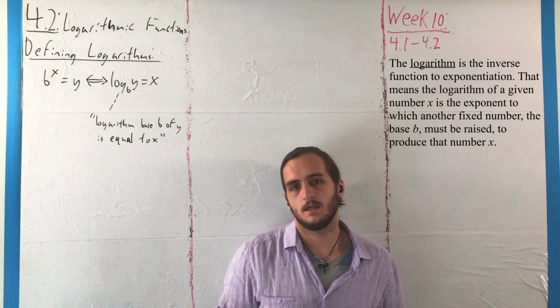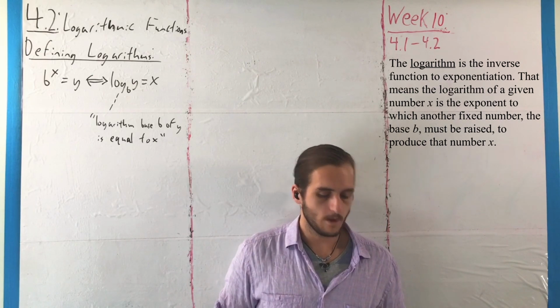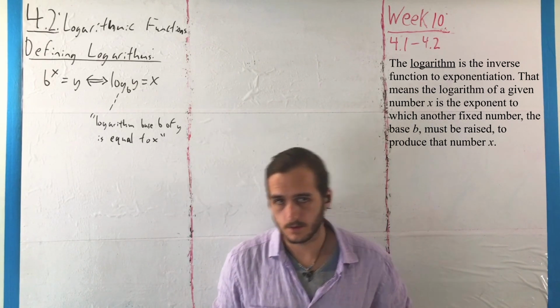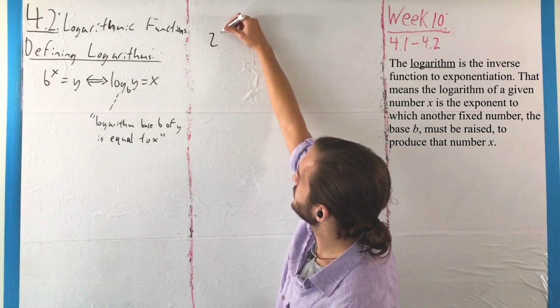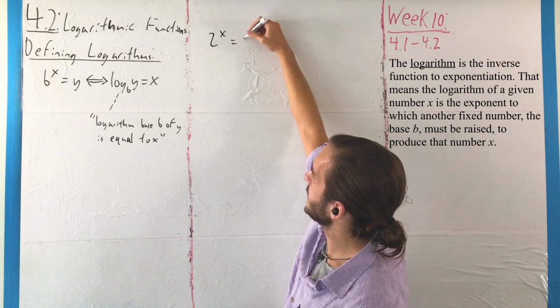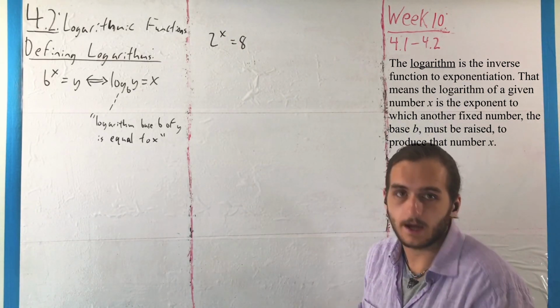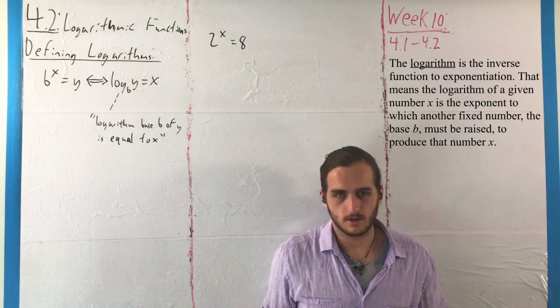So let's say that someone asks you the very reasonable question, what power of 2 is 8? In other words, they ask you to solve an equation like 2 raised to what power x is equal to 8, and you want to find x. Again, this is not really that normal of a question.